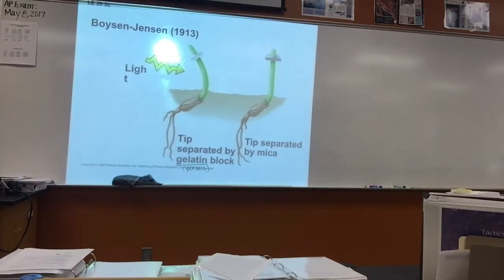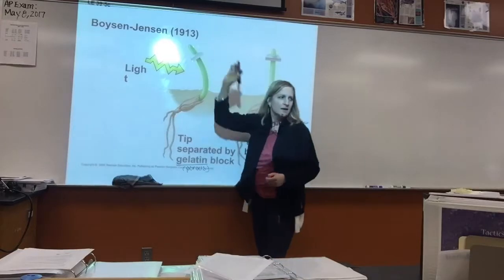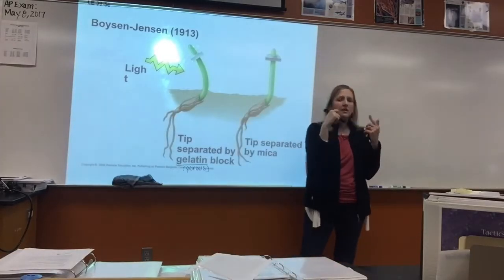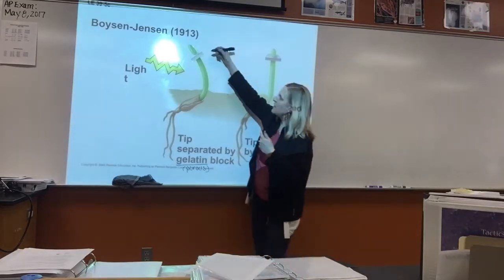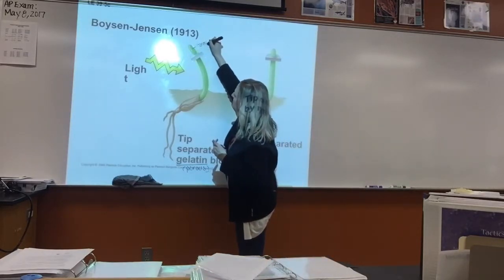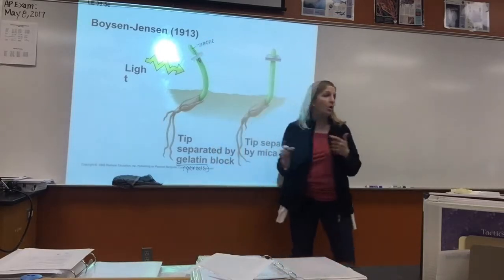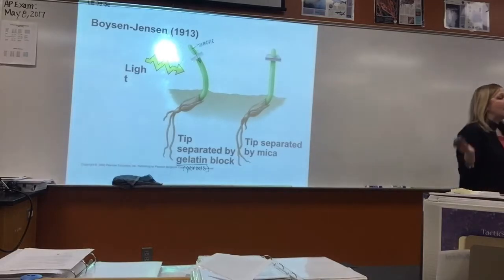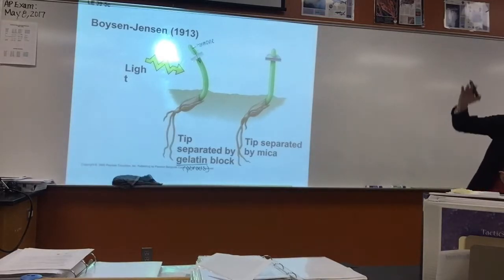And so it's a porous block, and then he put the block there and put the tip right back on. And the reason why the porous part is important is because he found that the hormone that's produced by the tip can actually get through the porous gelatin block and communicate with the rest of the plant, and the light bends.